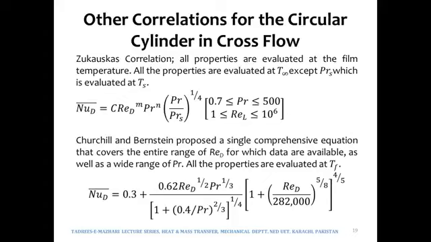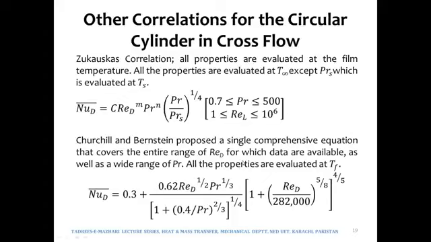So they all are functions of Reynolds and Prandtl numbers, and it was proposed by Churchill and Bernstein, and all the properties are evaluated at TF, meaning at the film temperature. Film temperature is in fact the average of Ts and T infinity, so TF is equal to Ts plus T infinity over 2.